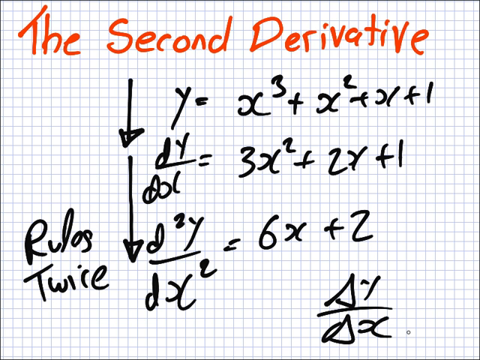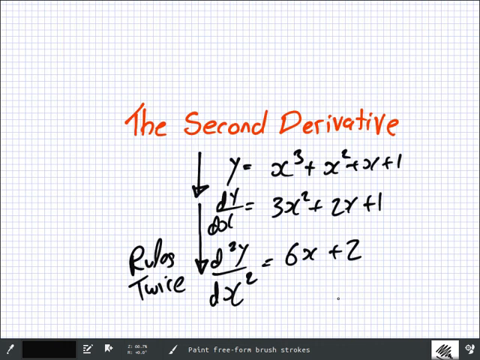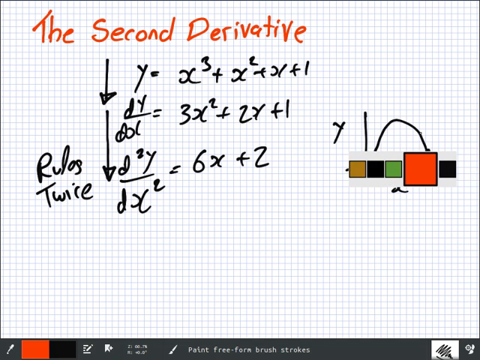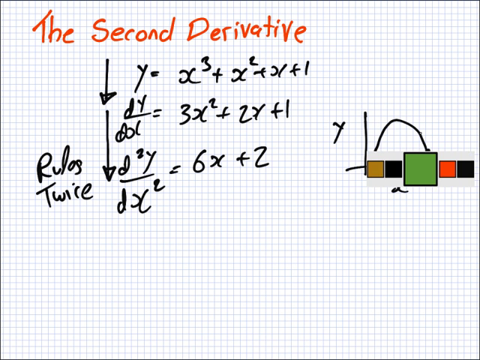And what's the slope of the tangent? Correct. So we know what y represents: the height. We know what dy dx represents: slopes of tangents.